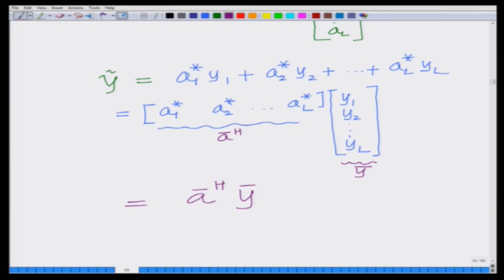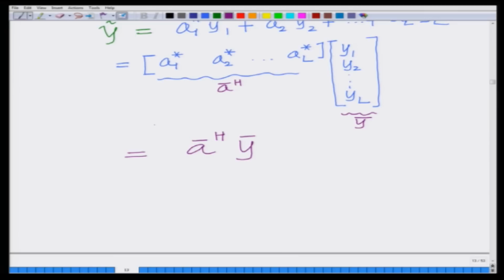So, what I am doing is combining these received samples y1, y2, yL using the weights A1, A2, AL. I am performing A1 conjugate y1 plus A2 conjugate y2 so on AL conjugate yL, which I can write as the vector A bar Hermitian times y bar.